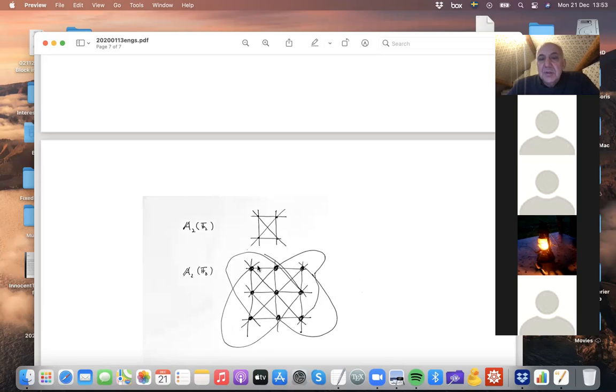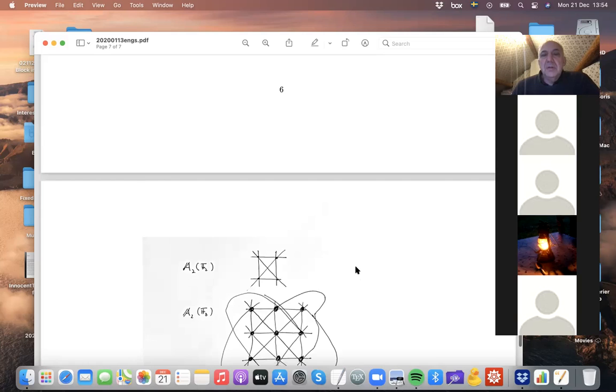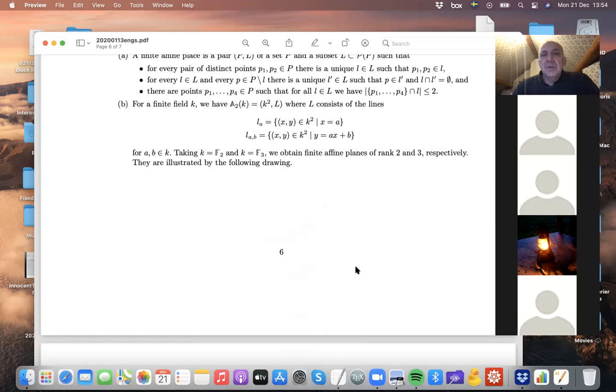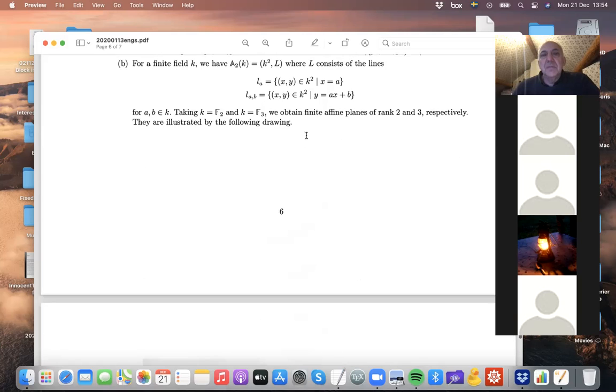So 3 horizontal, 3 vertical, 3 additional which are going skew that way and decreasing, and 3 additional which go that way and increasing. Okay, that's a picture you are supposed to know. This is also a definition with a finite field.